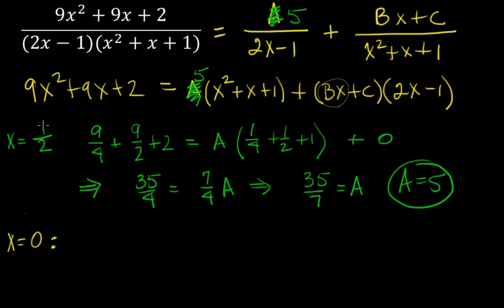If x is equal to 0, then plugging in 0 on the left, I just have 2, is equal to, plugging in 0 here, I have 1 times 5 is 5, and then I have plus c. bx plus c is just c, and my factor here is 2 times 0 minus 1 is just negative 1.